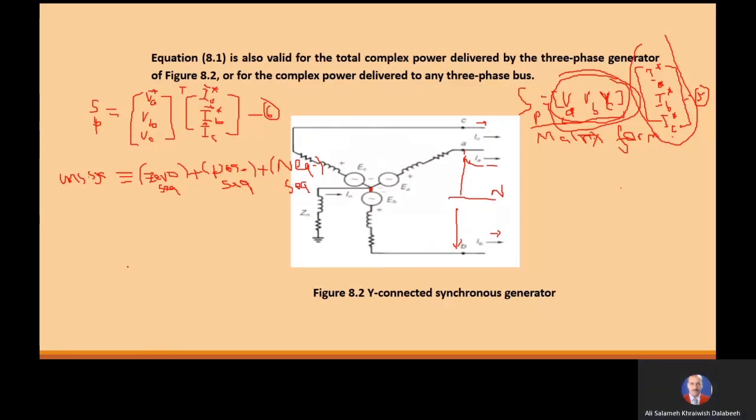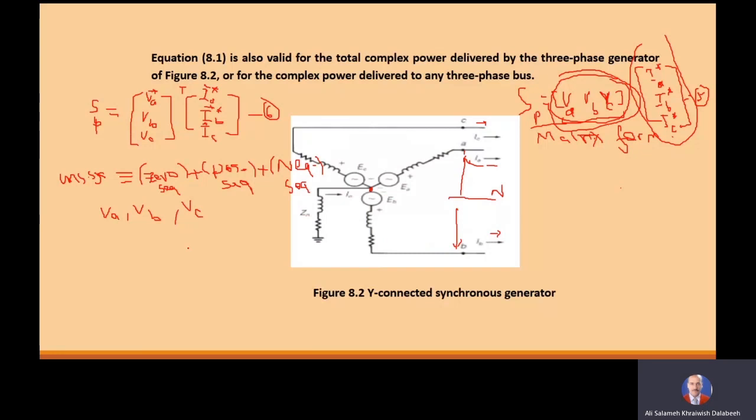So, if the system is asymmetrical, that means VA, VB, VC are unsymmetrical, which means that they differ by the magnitude, or they differ by the angle, by the displacement, or both by the magnitude and the angle.